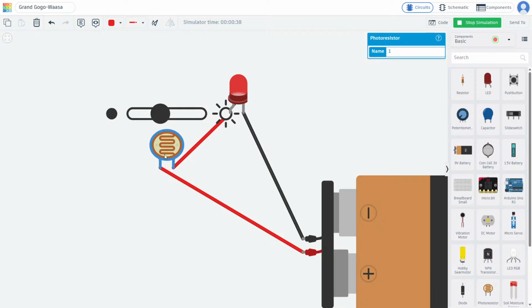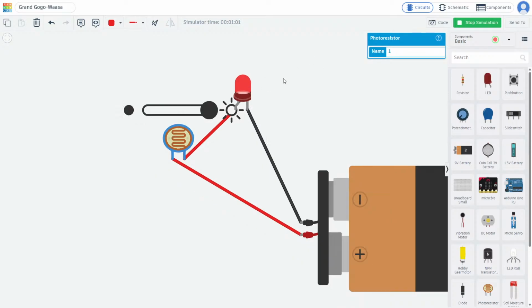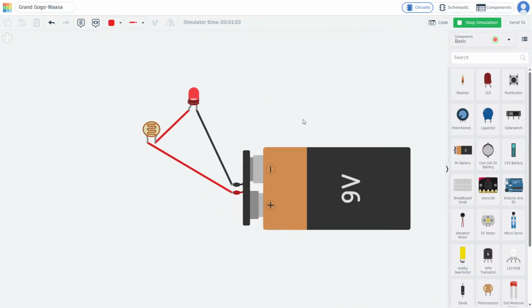The resistance of this device decreases, so the overall resistance of the circuit decreases, causing more current to flow through the LED. As this is a series circuit, the current in a series circuit will be always the same. So when I increase the light, can you see more and more current flows, so the LED gets brighter.